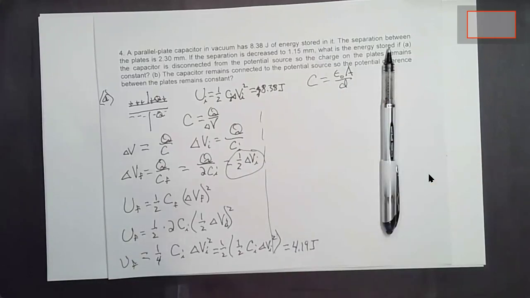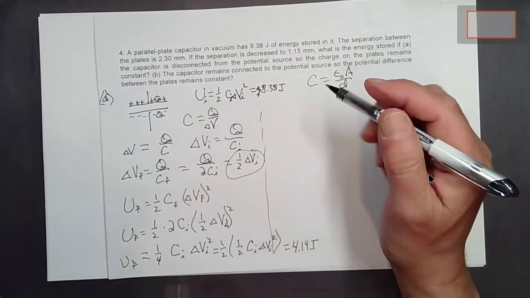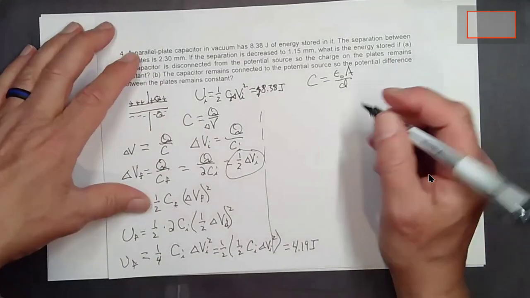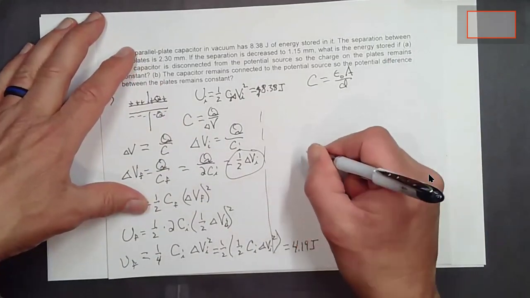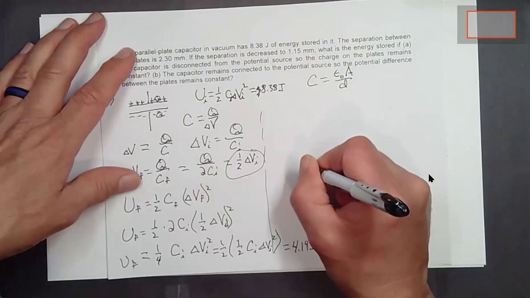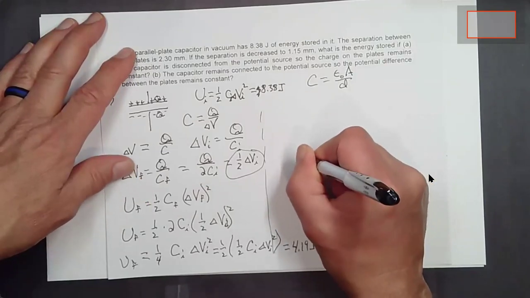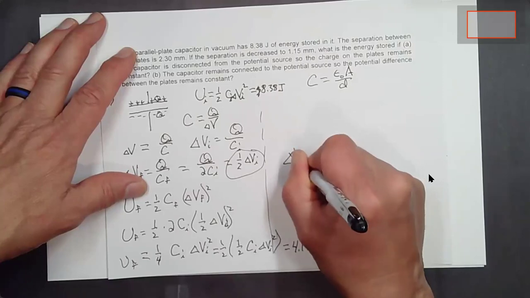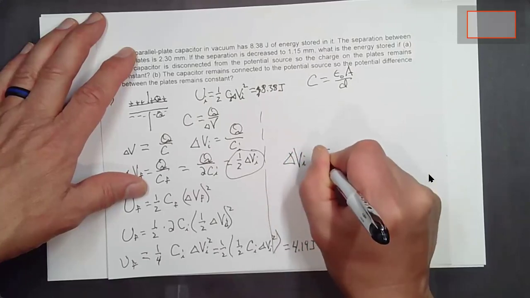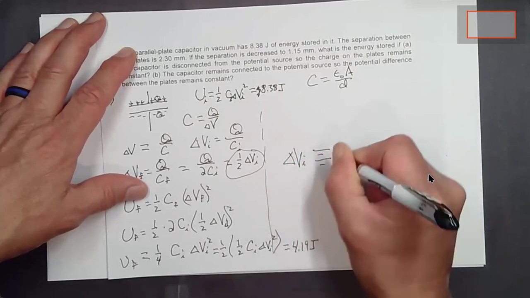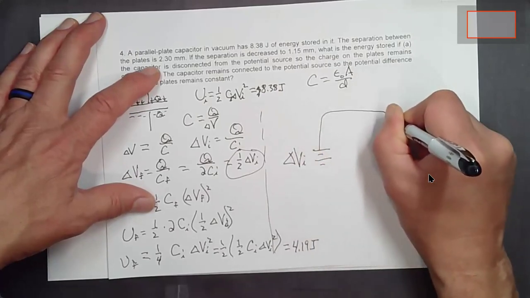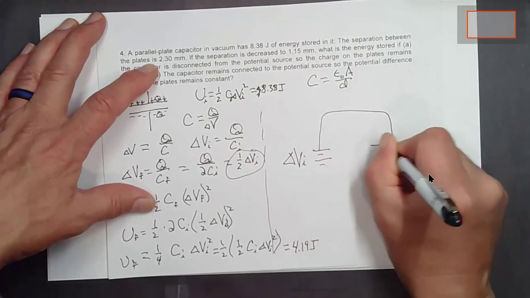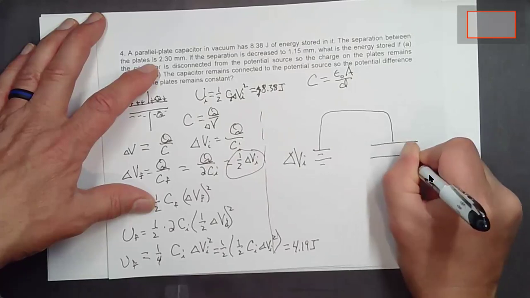Okay, now we're going to do it differently here. We're going to leave them connected to the battery. So we'll have a battery that's sitting here with a delta V initial on it, and then you've got this capacitor over here.